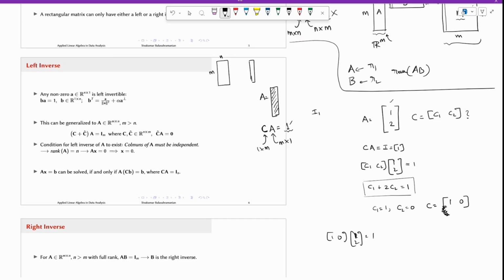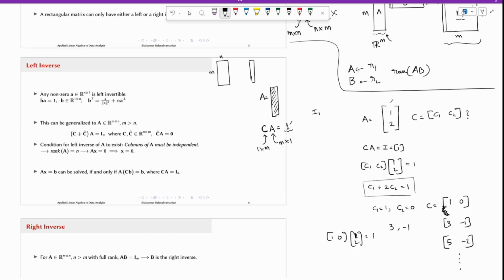But is that the only possibility? Well, there are other possibilities. I can say 3, minus 1. I can say minus 2, 5. In fact, there are an infinite number of possibilities.